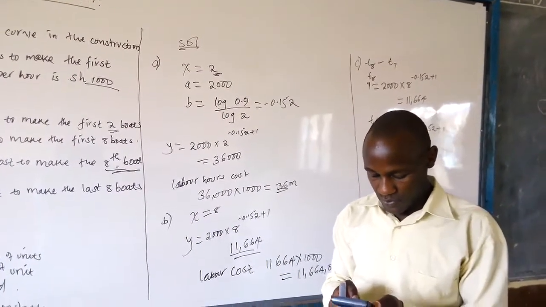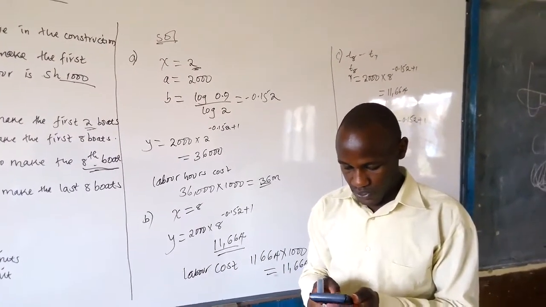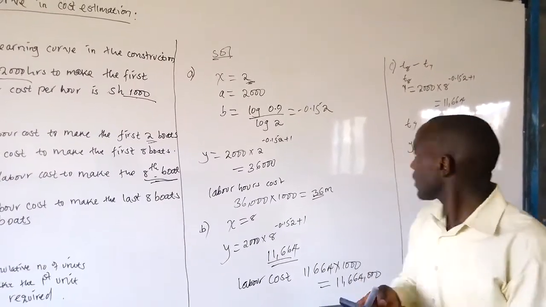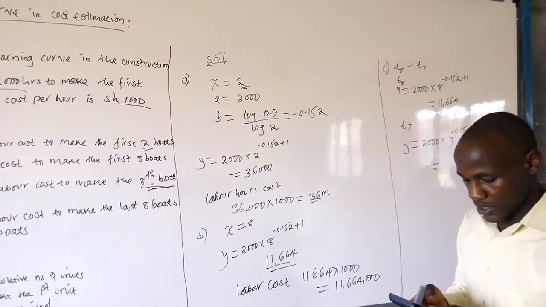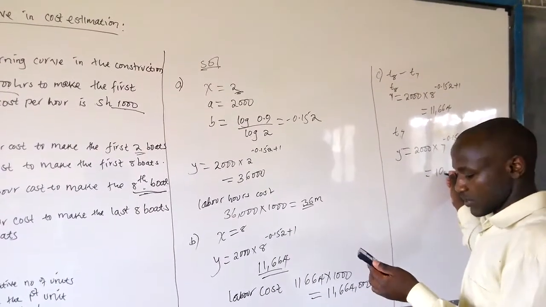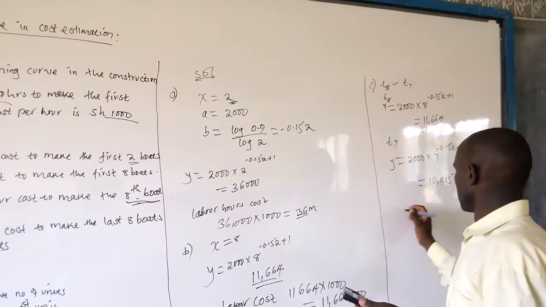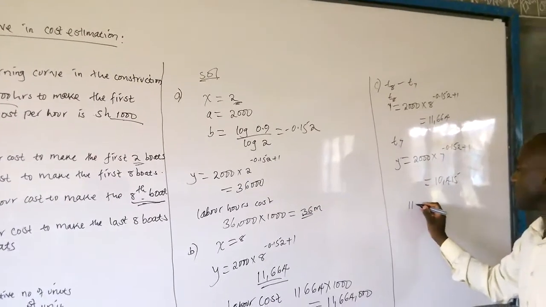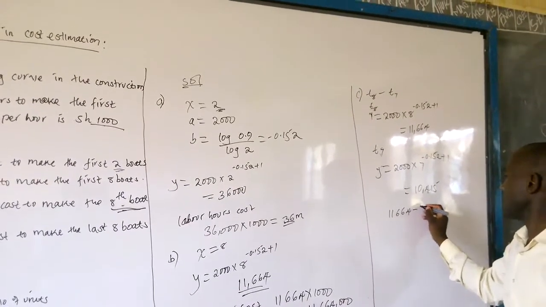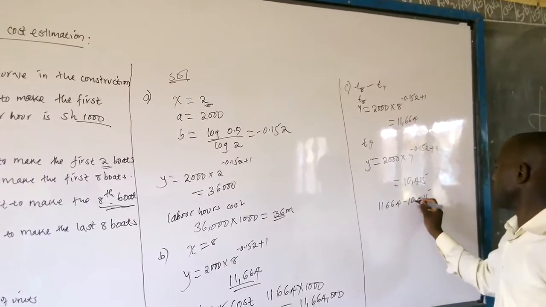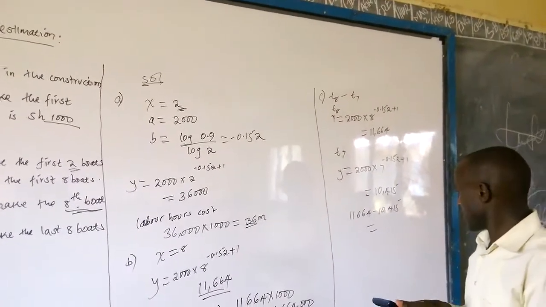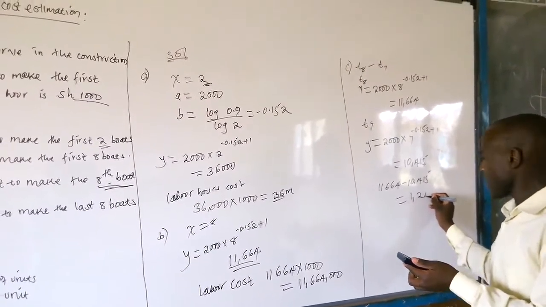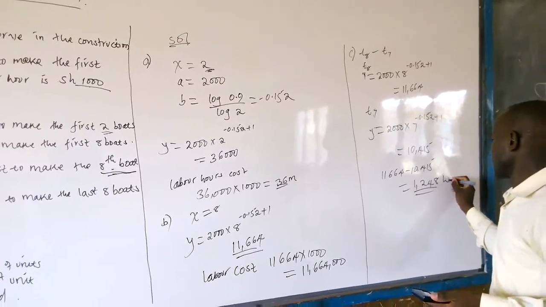Working it out for 7 times 2,000, we get 10,415, and the difference will be 11,664 minus 10,415, which gives us 1,248 hours.